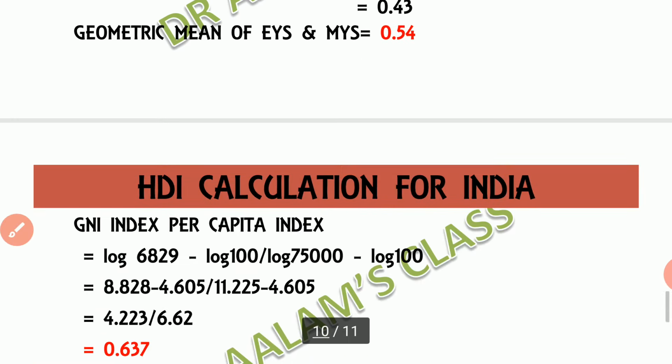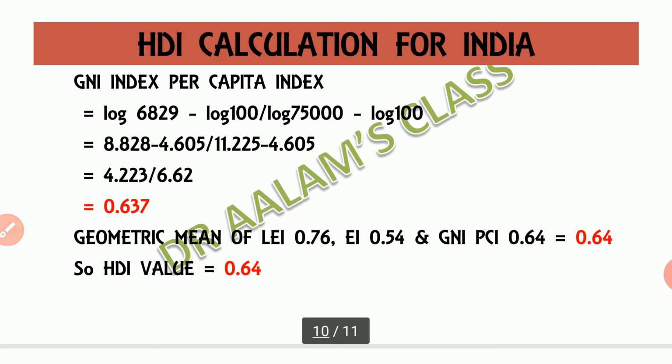Now next is GNI index per capita. For GNI per capita index, we have to take natural log of all the values. The formula is same, but we have to take log values.